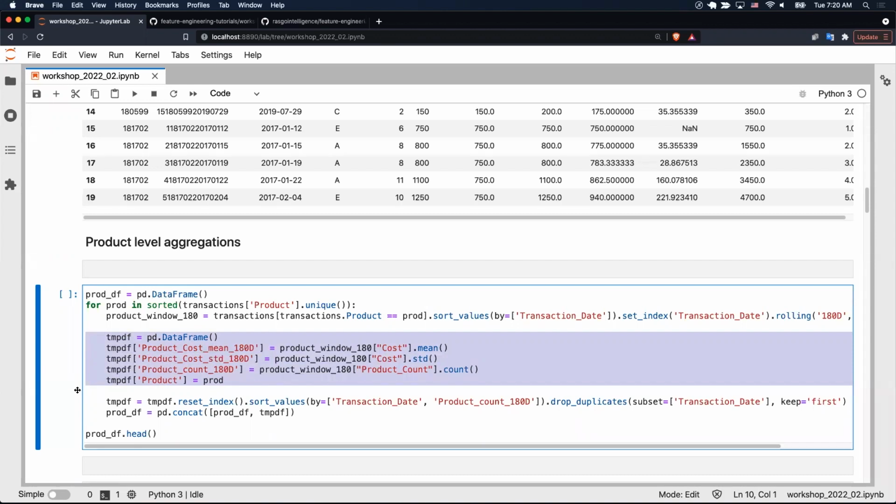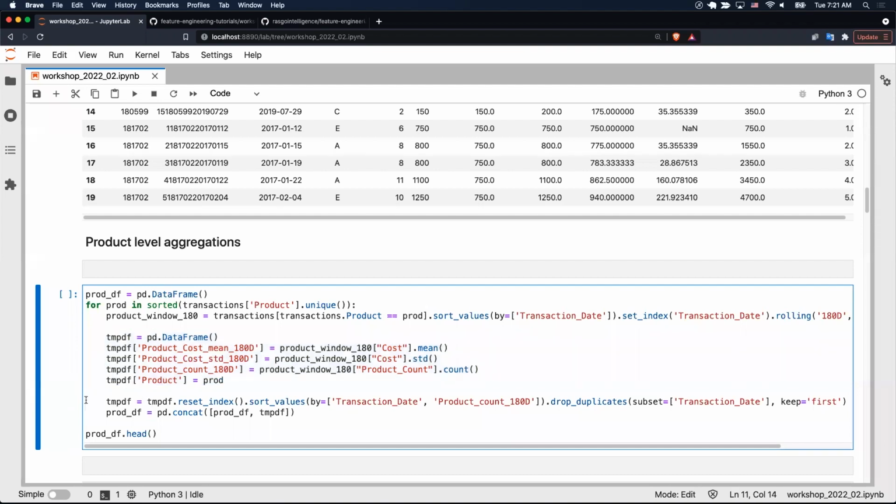So I need to drop my duplicates. Which of those duplicates do I want to keep? Well, I need to keep one of those. So I'm going to drop duplicates and keep the first one after having sorted by the total number that have been purchased in the last 180 days.